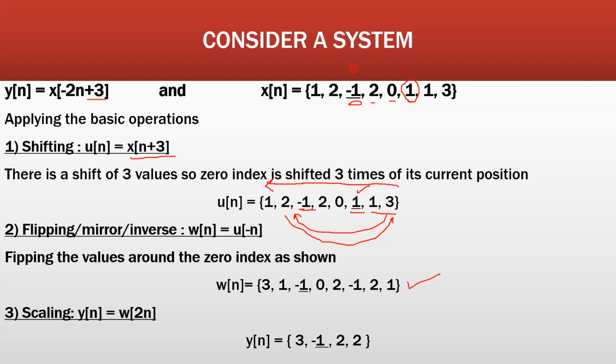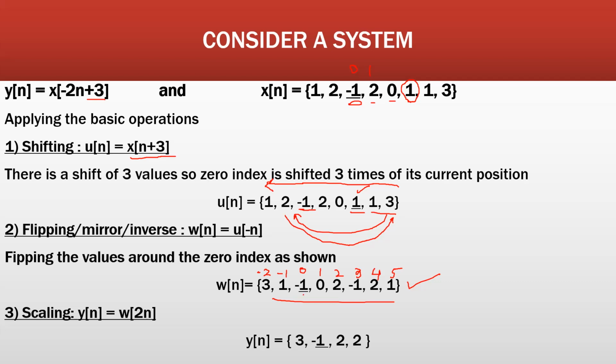This is our 0 index, sorry, we have to consider this system. This is our 0 index, this is 1, 2, 3, 4, 5, and this is minus 1, this is minus 2, that is on the left of the 0 index. Now we have to compress this 2 times, means we have to consider the second value before and after the 0 index.